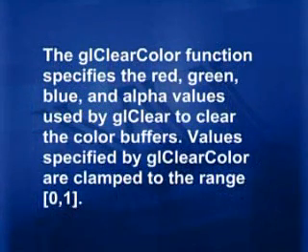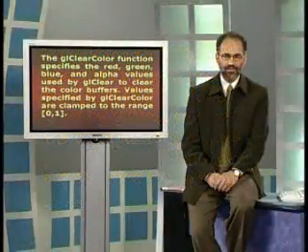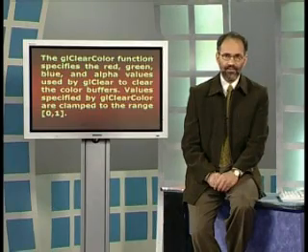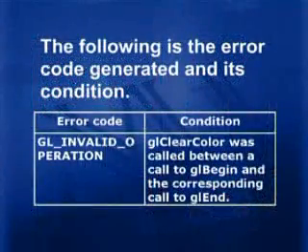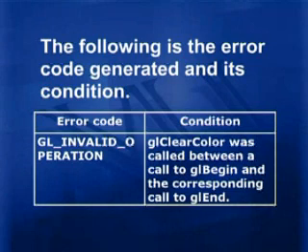The glClearColor function specifies the red, green, blue, and alpha values used by glClear to clear the color buffers. Values specified by glClearColor are clamped to the range 0 to 1, and we have already talked about the reason behind clamping them between these ranges, so that we can have viewable colors as the result.